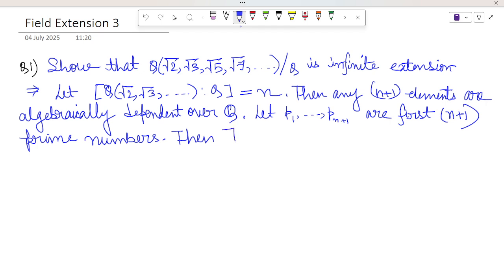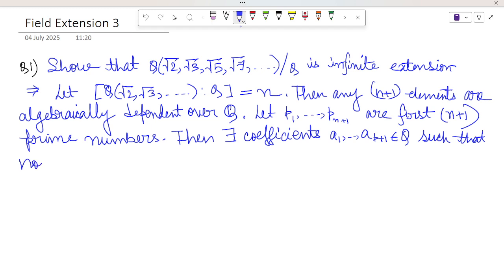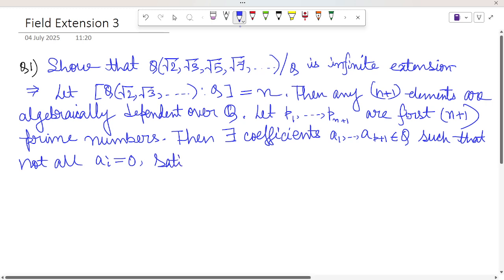So there exist coefficients a1, a2, up to a(n+1) belonging to Q, such that not all ai are equal to 0, satisfying the equation.